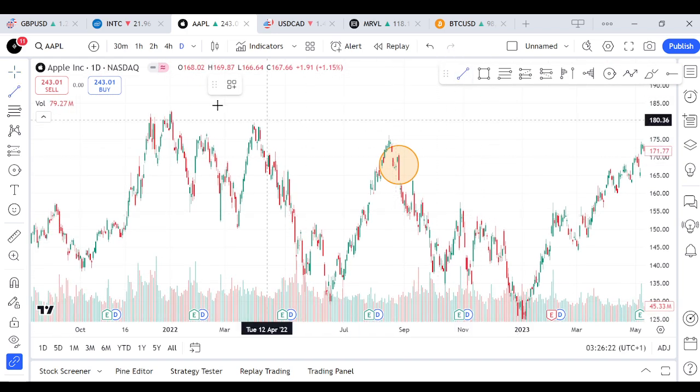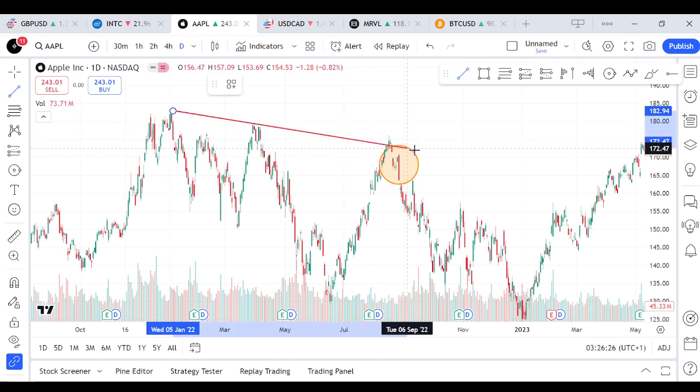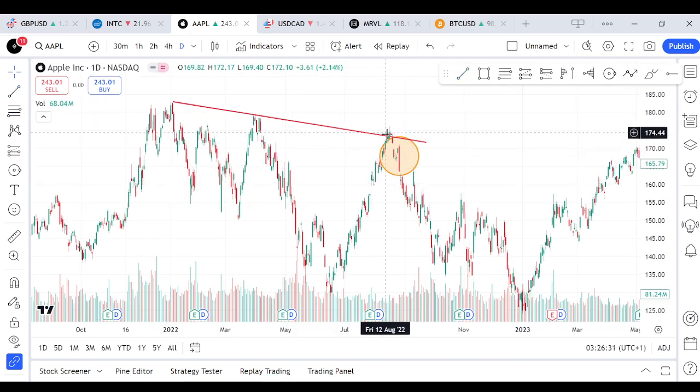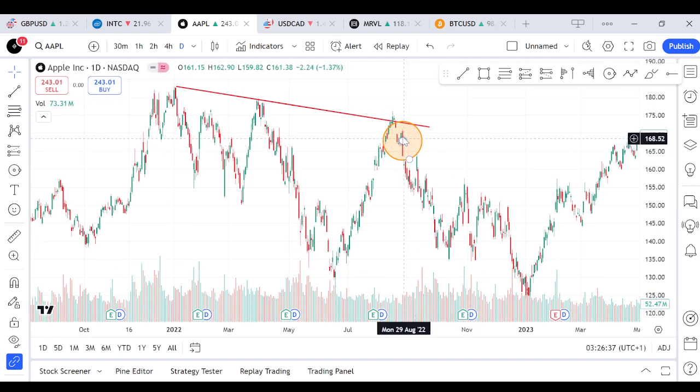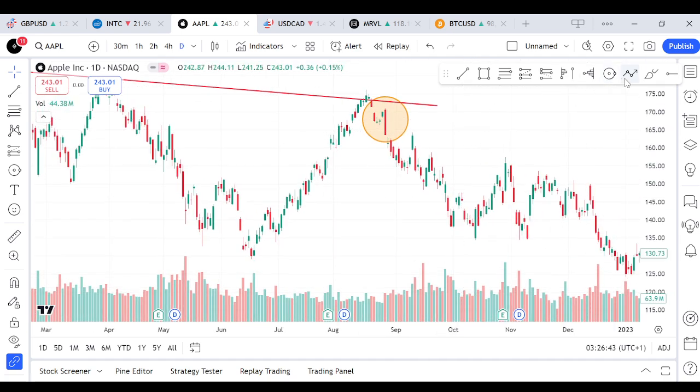You can see this bearish trend right here, a classic bearish trend, and as price hit this trend line resistance level, you can see the bearish Marubozu showing that sellers are now in full control of this market right now.